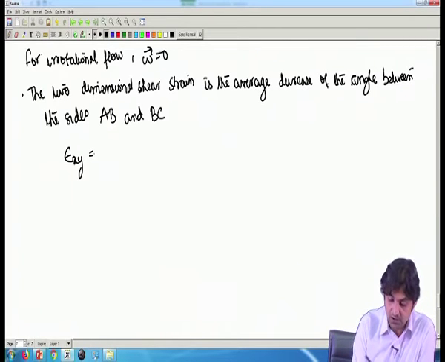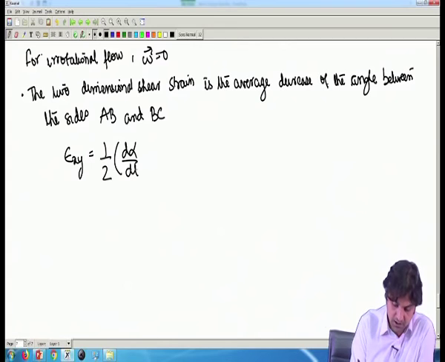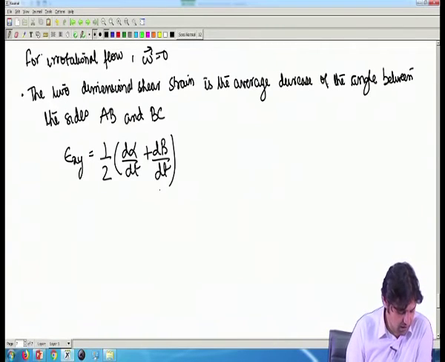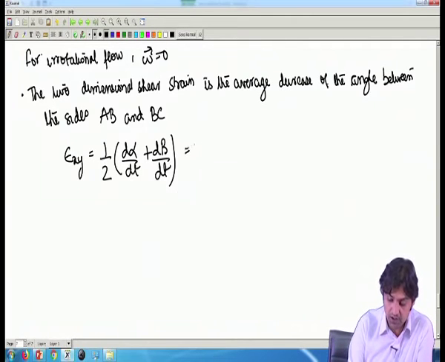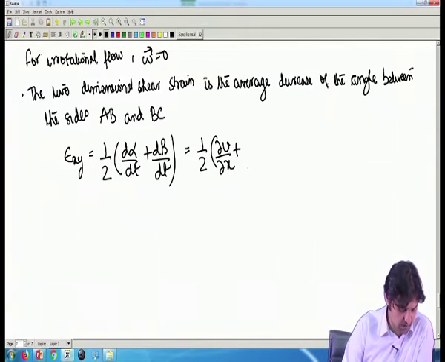So, that is, the 2-dimensional shear strain is the average, so half of d alpha dt plus d beta dt, right, because that is the decrease of the angle, or in other forms we get del v del x, because d alpha dt was del v del x and this was del u by del y, all right.